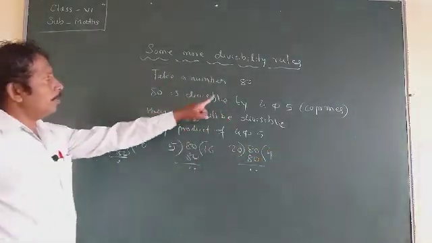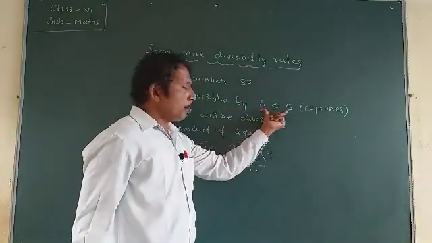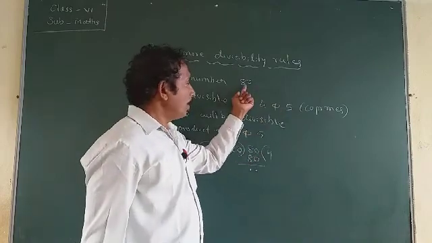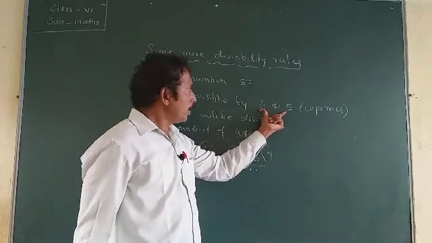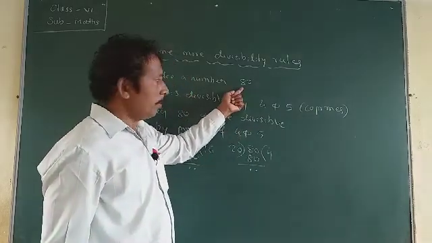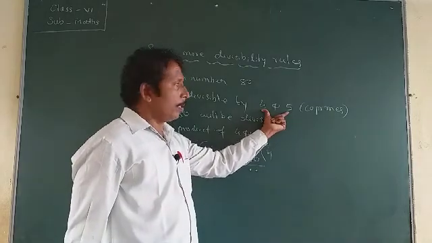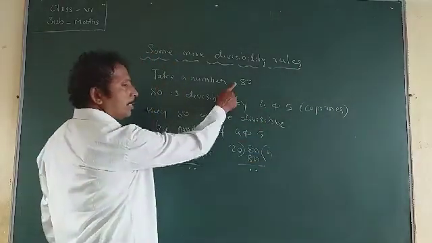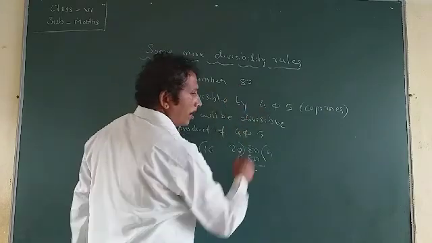So if any number is divisible by two co-prime numbers, then the same number will be divisible by the product of the co-prime numbers. Here the number is 80. This number 80 is divisible by 4 and 5.